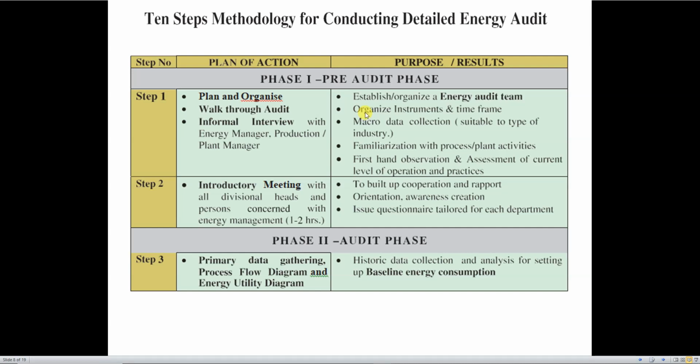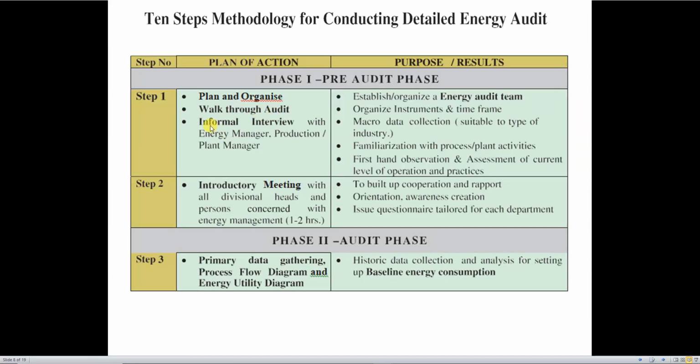Suppose we are going to audit a particular furnace industry or a boiler industry, then we have to choose different thermometers, infrared thermometers, also laser thermometers, and different devices which can monitor the particular department or particular device on which we are going to carry out the audit. So the organization of that instrument or techniques is important, and we have to make a time frame. Time frame मतलब we have to distribute the time to each and every activity of the audit. So that is nothing but the walkthrough audit.